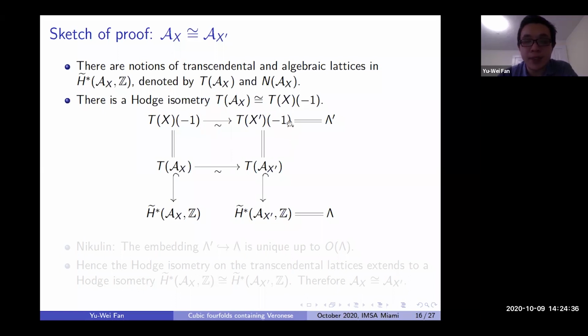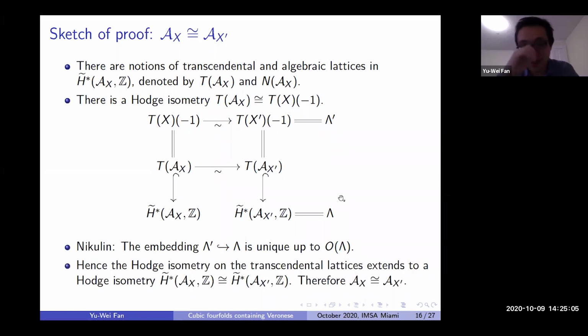So let's denote this lattice by lambda prime and this lattice by lambda. So we think of these as abstract lattices. Okay? And we can apply a result of Nikulin that in this case, the embedding from lambda prime to lambda is unique up to an isometry on lambda. Okay.